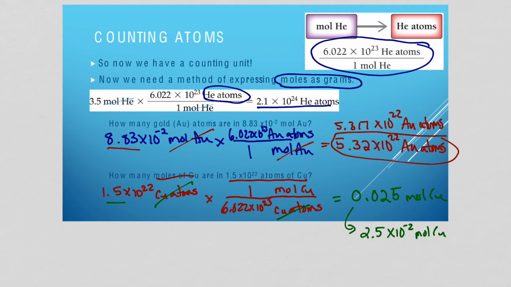So this is how we use the mole, this counting unit of Avogadro's number, to express a large number of individual atoms as a relatively smaller number of moles.